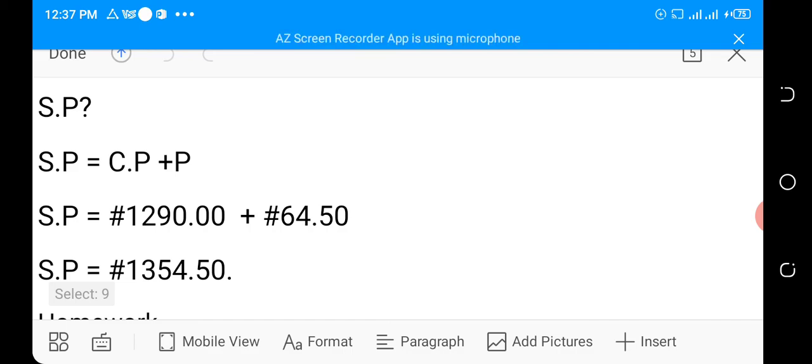So you have your selling price to be 1,354 naira 50 kobo. So that will be the end of today's lesson, first lesson for this week.